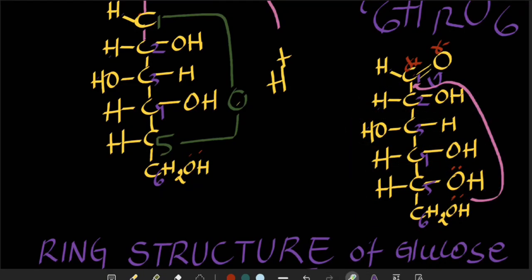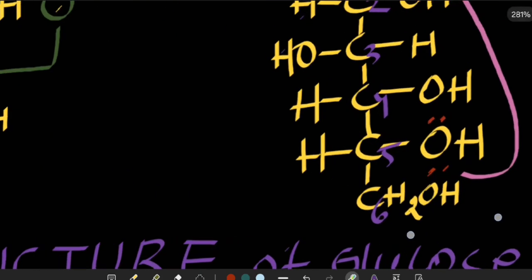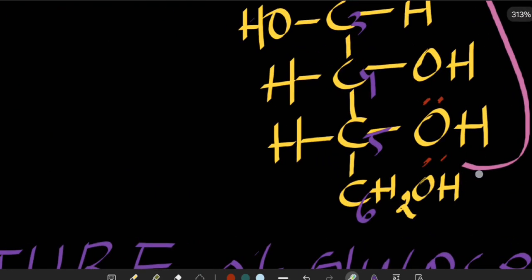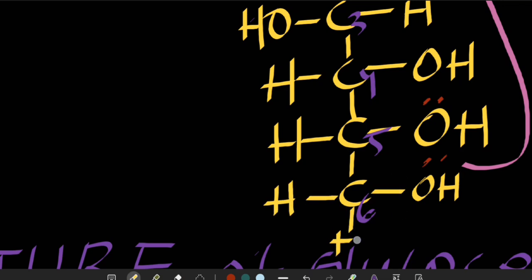Now, if you don't know what chirality is, I request you to go back to my video on chirality and find out what exactly chirality means. So when I talk about this one, do you think this is a chiral molecule? Because if I just draw it in a very simple manner, there's going to be H and this is going to be H, right?